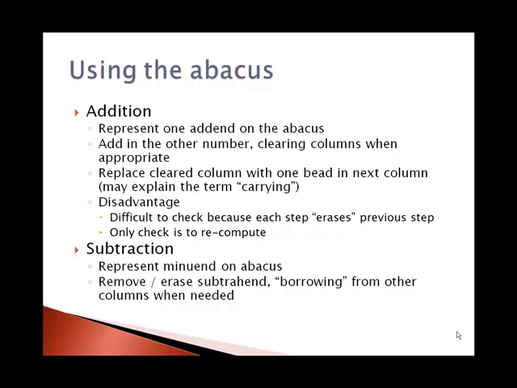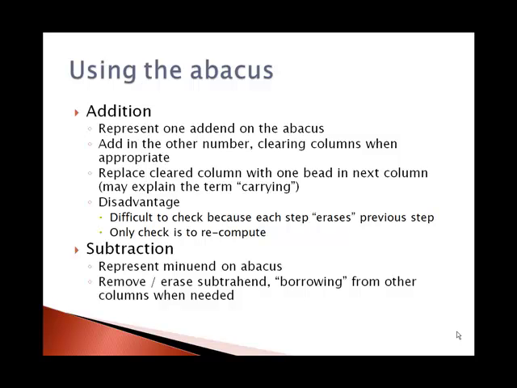This may be where we get the term carrying, from carrying a pebble from one column to the other. The disadvantage of using an abacus for any computation is it's difficult to check without recomputing the whole thing. You can't really go back and see what happened because each step you do kind of erases the previous step.